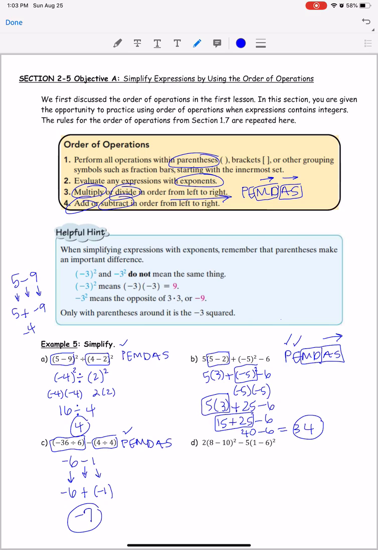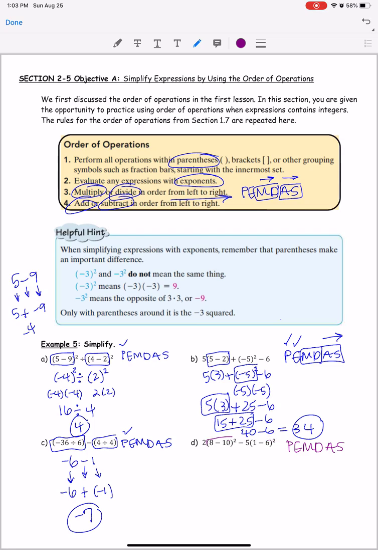Okay, and then lastly on D, I'm going to change colors because B came down really far. So we've got please excuse my dear Aunt Sally. We have some parentheses. So notice that square's on the outside, so I'm not doing 10 squared. This squared's on the outside. I'm not doing 6 squared. I'm dealing with only what's in parentheses first.